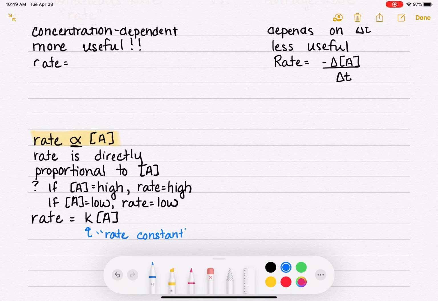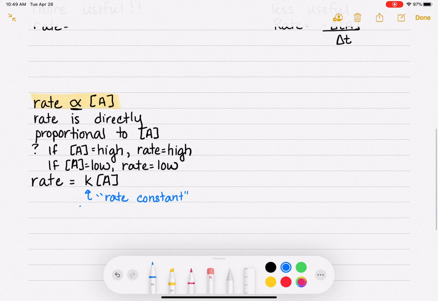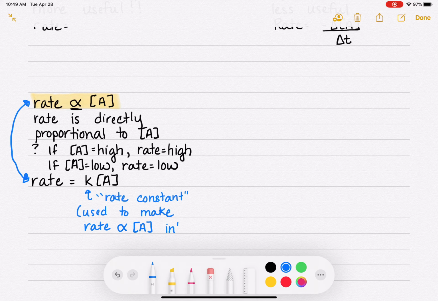And again, this is just a number that is put into this proportionality in order to make it an equality.